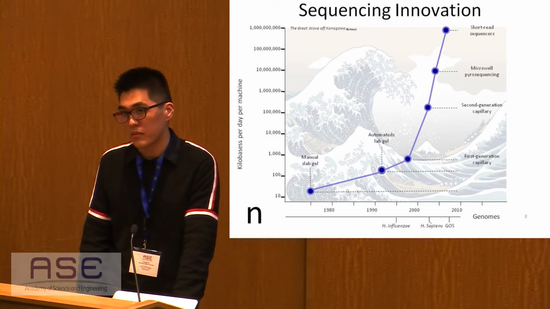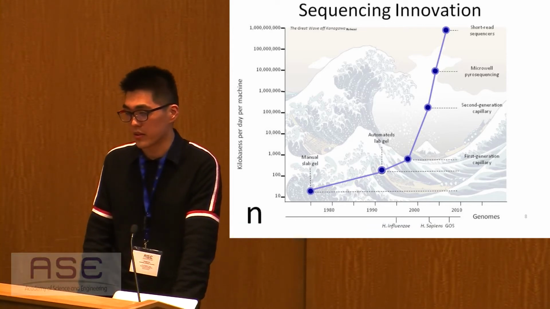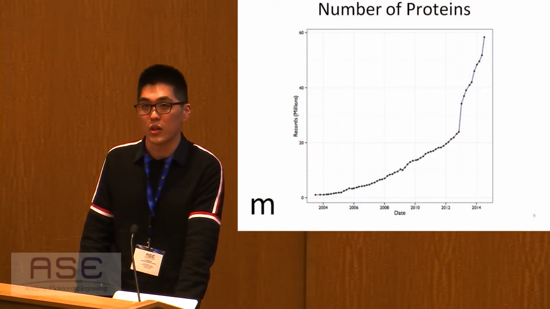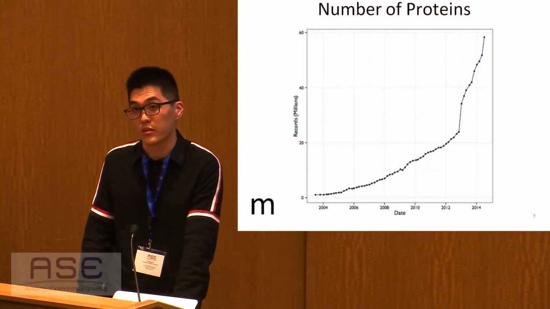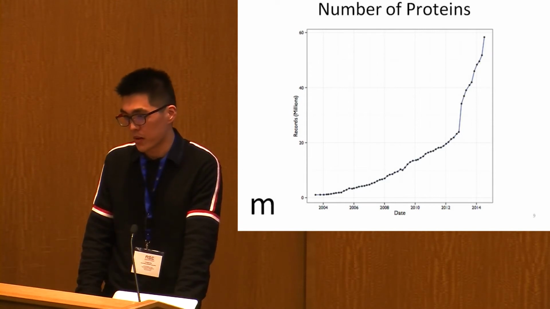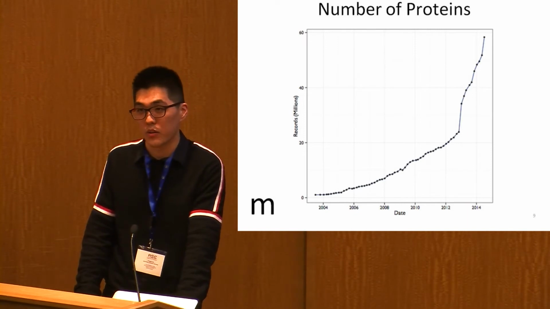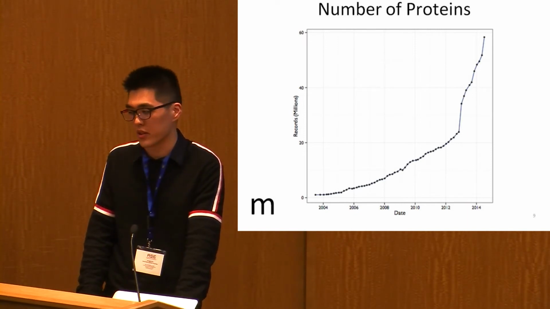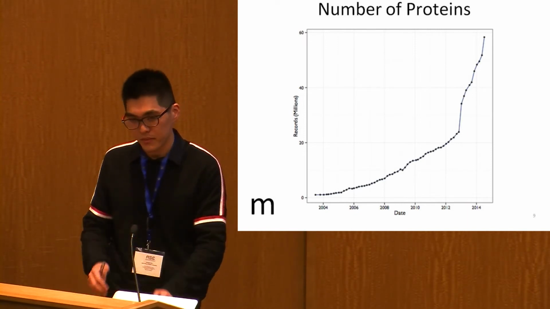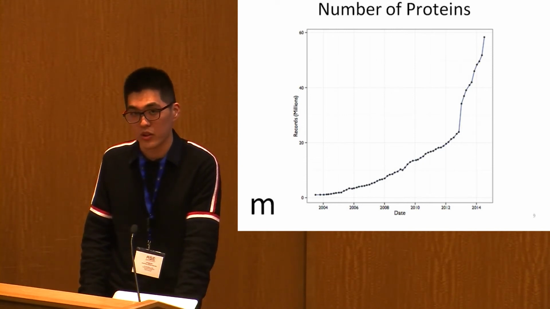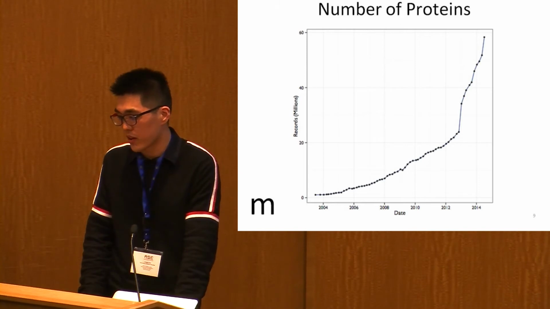So this becomes a big data problem because in genomics, we don't necessarily know which genes will map to which proteins, and because there's so many of them, and because we have so much data, we need to be able to compute them efficiently, and because both sets of data are increasing exponentially, we have a very large growth in the data we're dealing with.